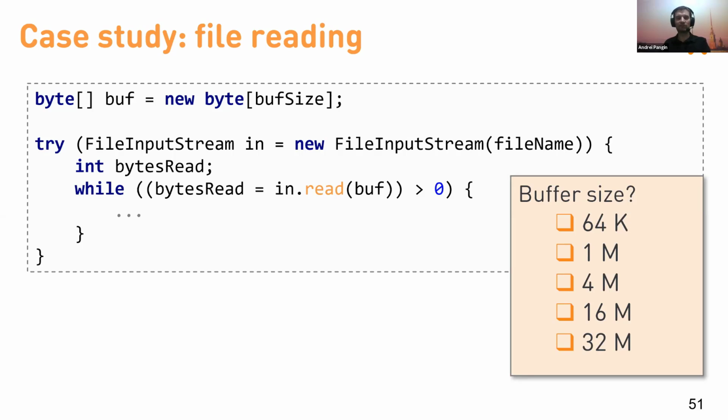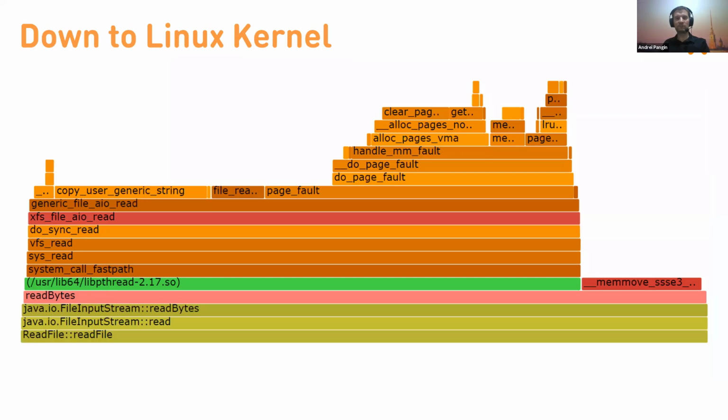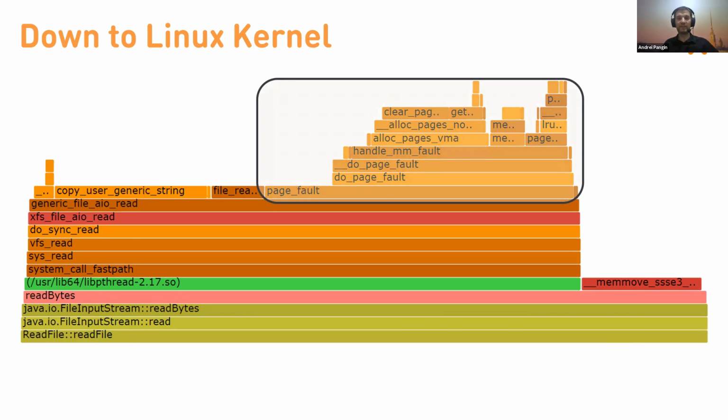So the large one should be good. But it appears that in this particular case, on my system, 16 megabytes was best. To find out why, I started profiling this code with Async-profiler. So here is what I got with a 32 meg buffer. And what I found strange here is a large number of page faults.